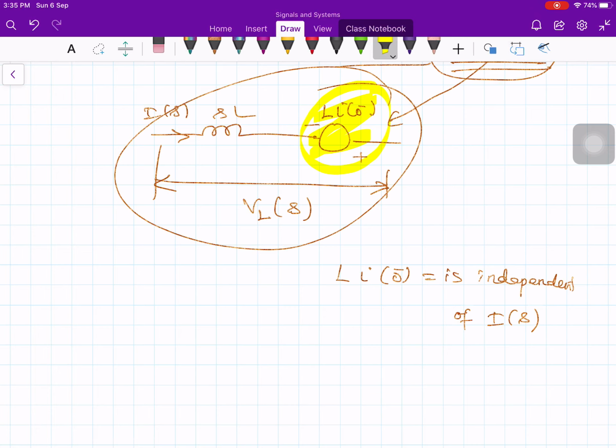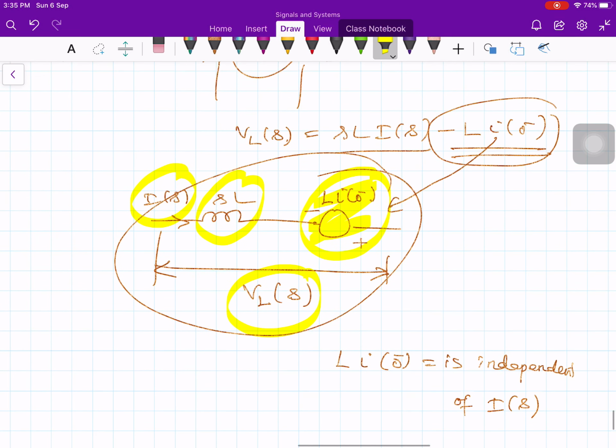Therefore VL of s can be thought of as I of s passing through SL, that generalized impedance, and developing a voltage SL times I of s, plus minus of this voltage, L times I of 0 minus.